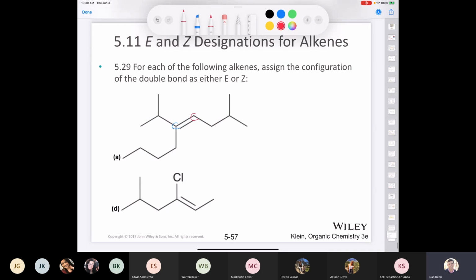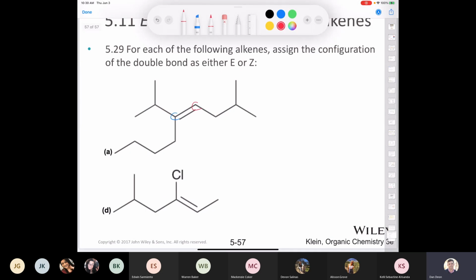Could anybody solve A and tell me if it's E or Z? We would use the same Cahn-Ingold-Prelog rules to designate a higher priority. We would keep looking for a point of difference. I'll give you a second to think about it. If anybody has an answer, type it into the chat or unmute your mic.